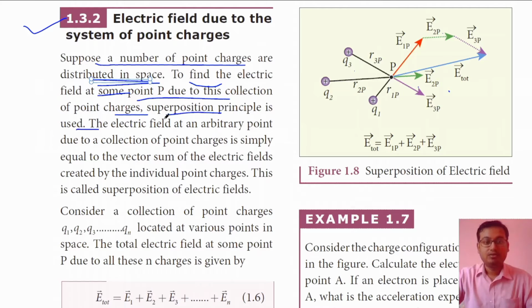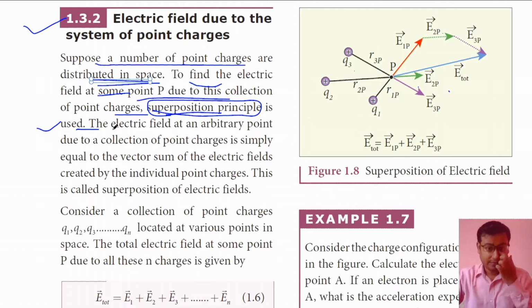About the superposition principle we have already seen. If you haven't seen my previous video, I request you to go through my previous videos. The link of the superposition principle I will give in the description of today's class. So here we have to follow the superposition principle.